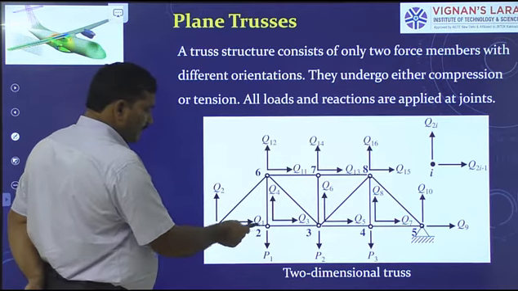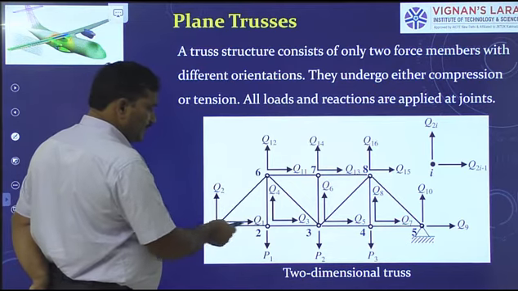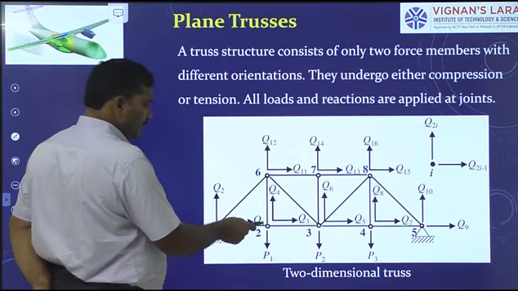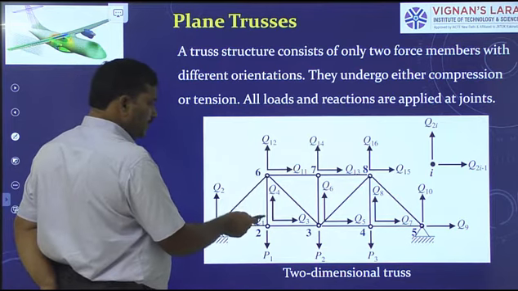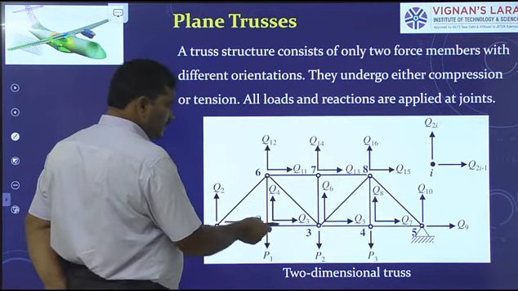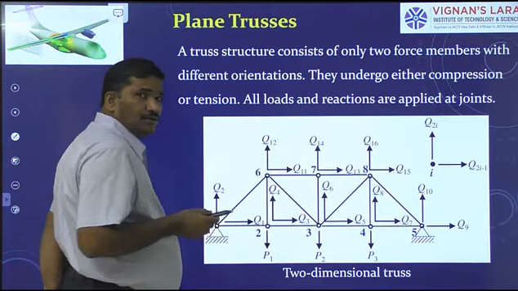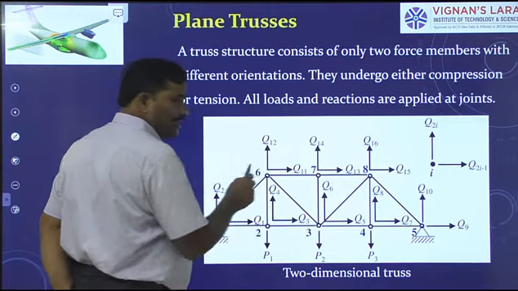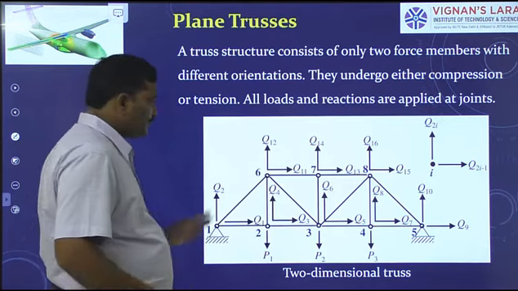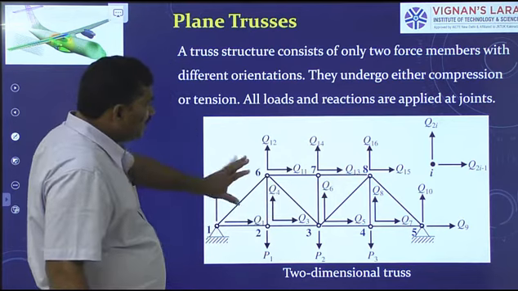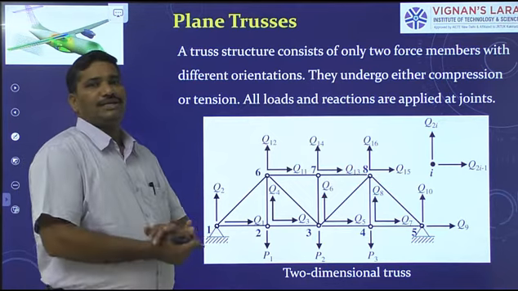This is another element, which is a horizontal member. And this is the third element, which is vertical in position. This is the fourth element, horizontal in position. This is the fifth element, inclined in position. If you observe all the elements carefully, all the elements have different orientations.